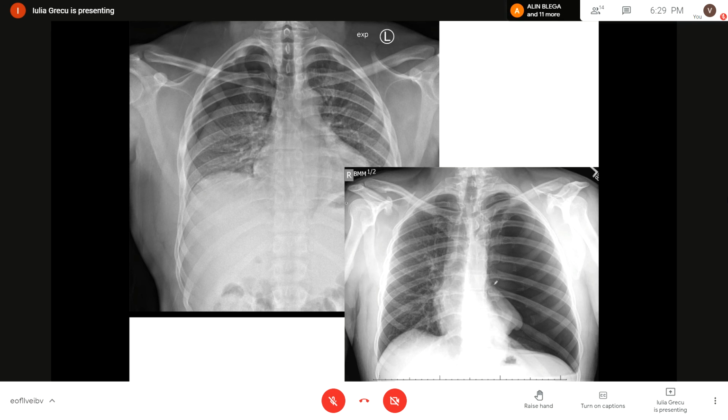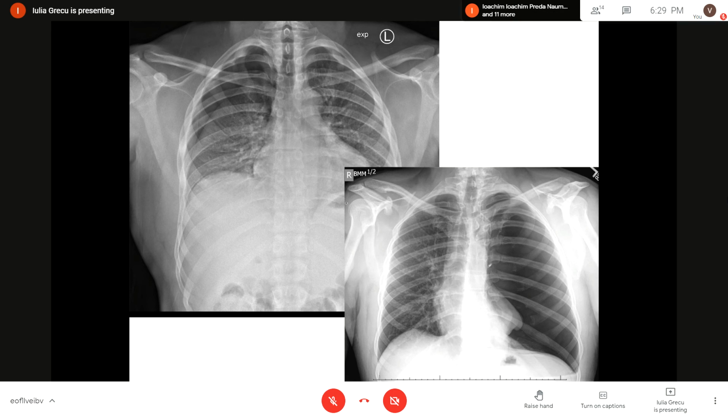But what you see is this opacity here, which is nothing else but the entire left lung collapsed around the pulmonary hilum because of the very important quantity of air that entered the pleural cavity. So this is a tension pneumothorax.